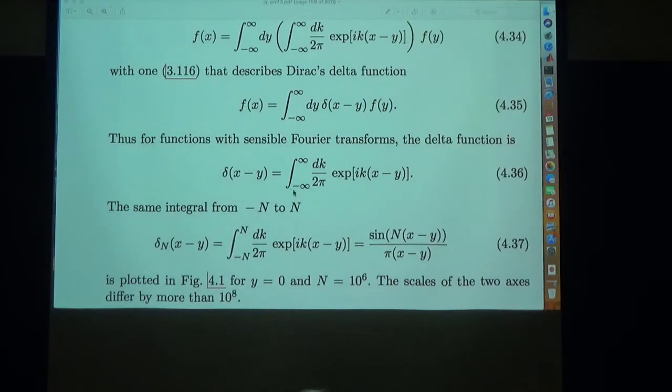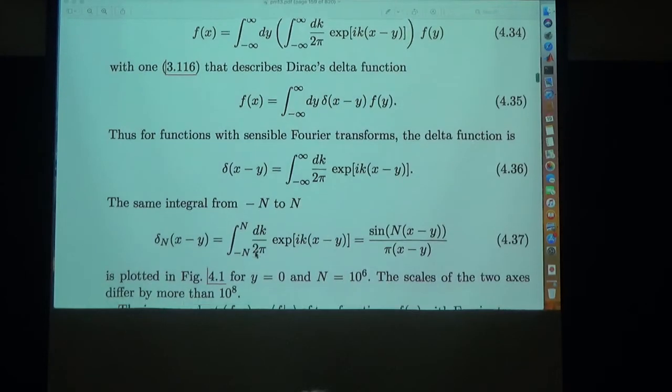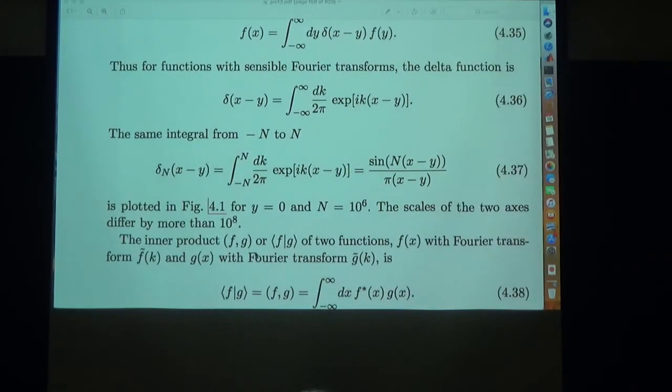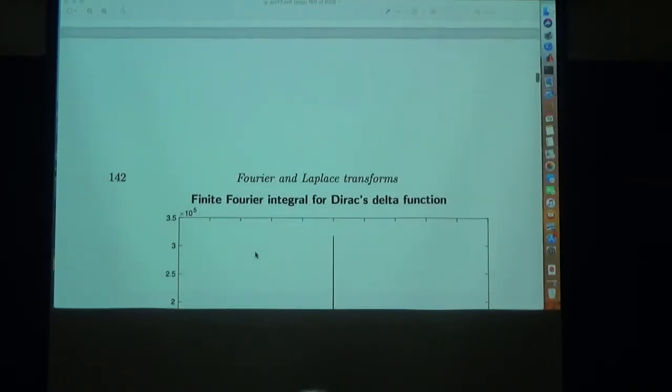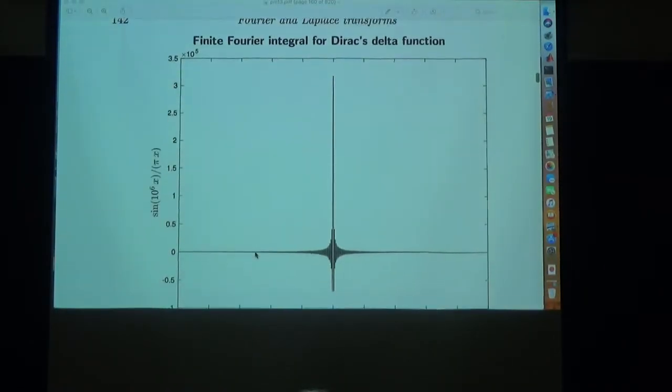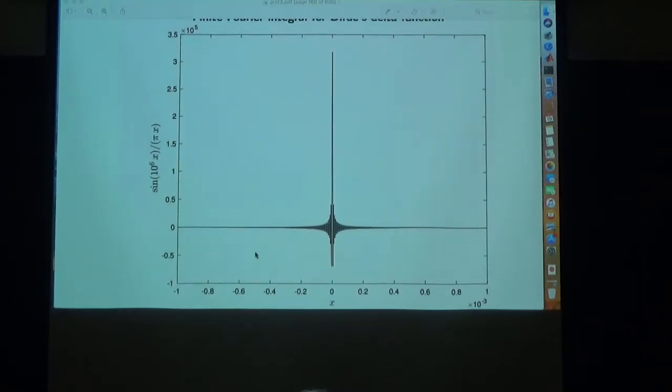And let's look at it, not in this limit from minus infinity to plus infinity, but let's do the integral numerically from minus a million to a million, and let's plot the result. What do we get? Well, I used MATLAB to do that, and what I found was this. And notice the two scales here.